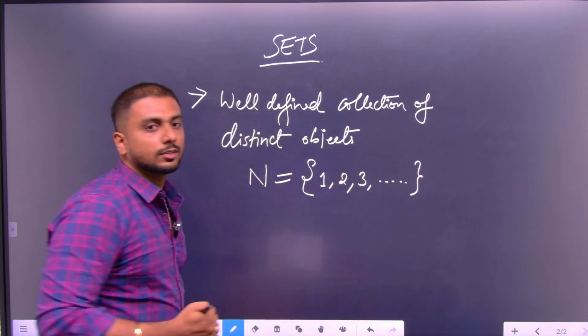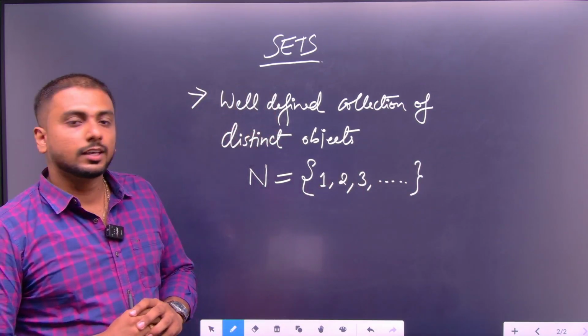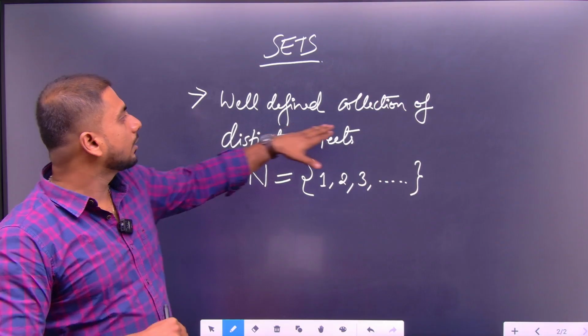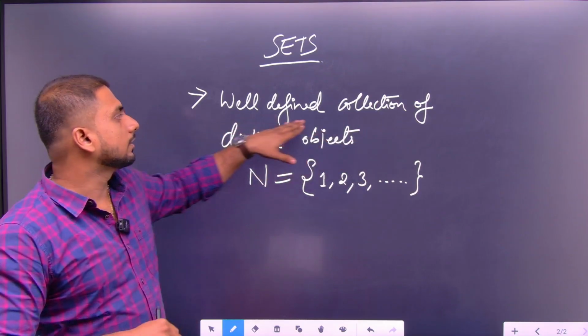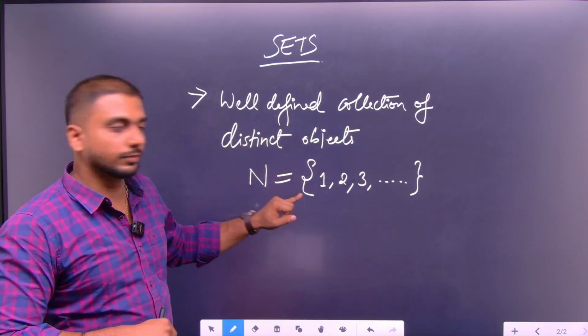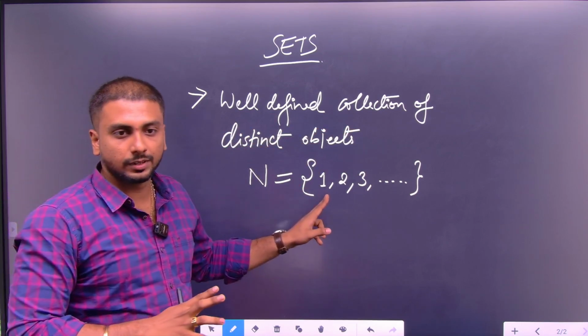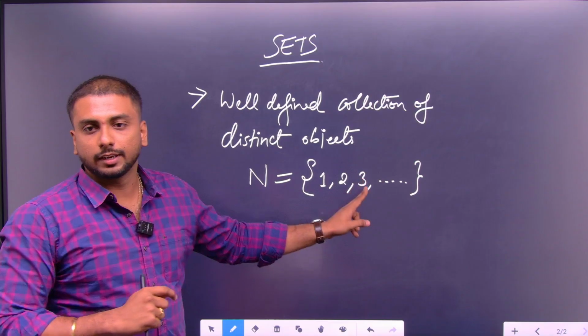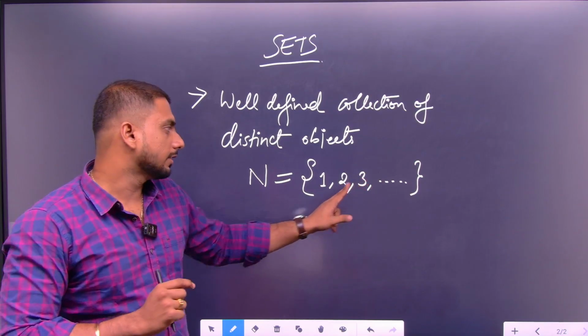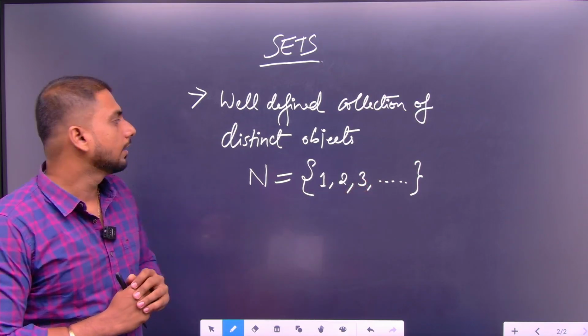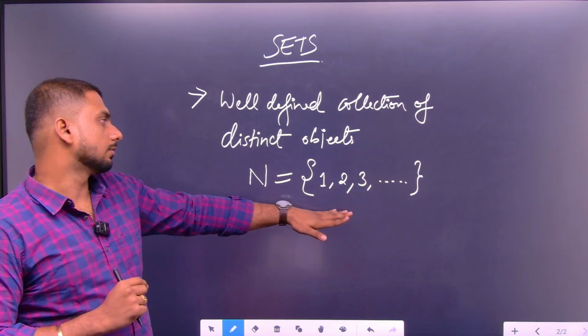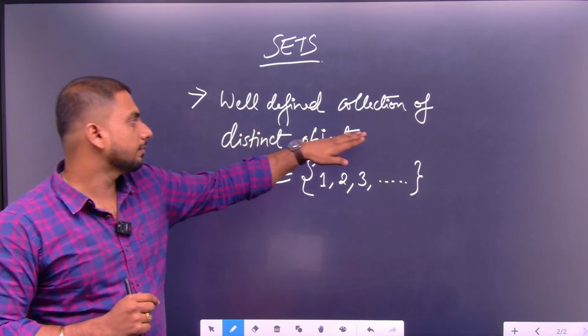So can this be called a set? Will it satisfy our two conditions, that is, whether it's a well defined collection? Yes, we have a definition for natural numbers that it starts from 1 and every number is spaced one after the other. There are no decimals or fractions involved in this, so it is well defined.